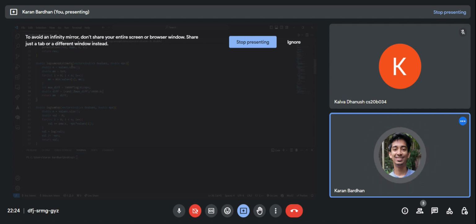This estimate actually runs faster than the log sum exponent function, because here we take the power to some value, which runs in log of the power time, so it's slightly worse. This is always a constant time function, whereas this has a log n factor to it.